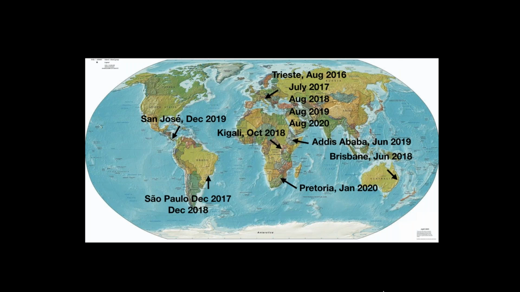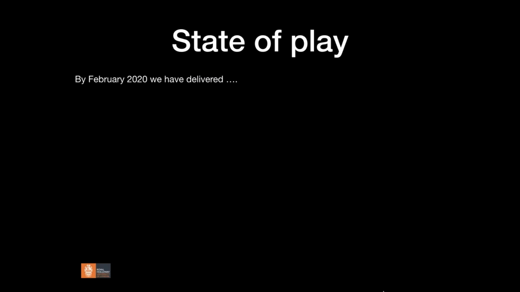And then we've run schools also in Central and South America. Things have been trundling along really nicely there. So here we are, February 2020. We've now delivered 9 2-week schools on 4 continents, and then there's also the Brisbane school, which ran for 1 week.